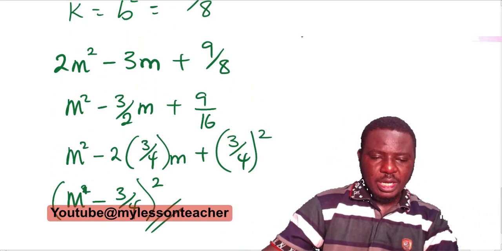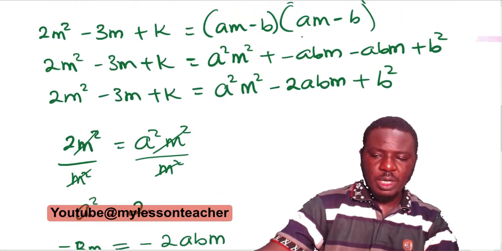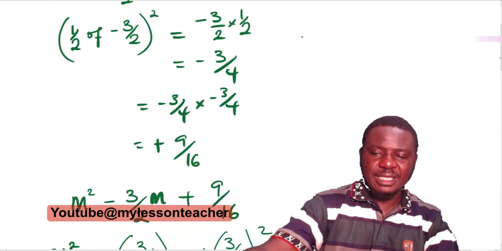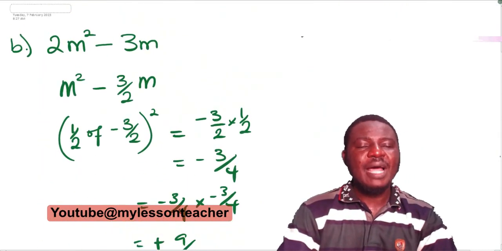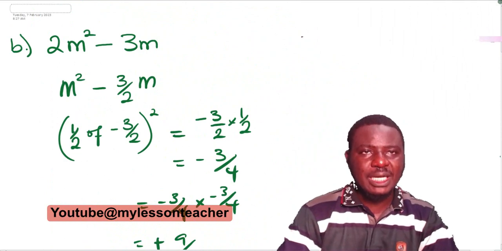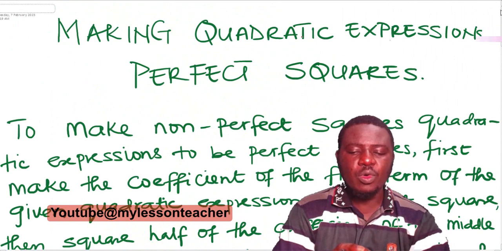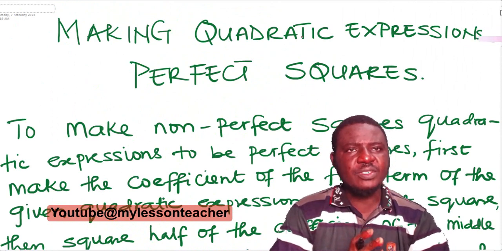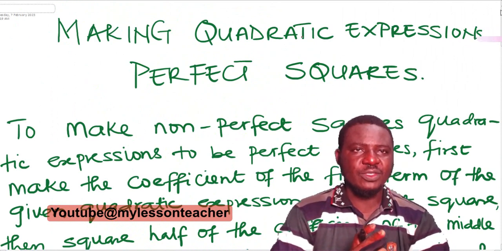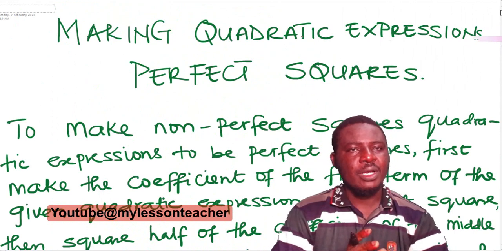So you can use any of the two methods that suits you, and you arrive at the same answer. That brings us to the end of today's class. In today's class, we have been able to see how we can make a quadratic expression a perfect square when it is not a perfect square. And remember, I gave you 3 steps to take.